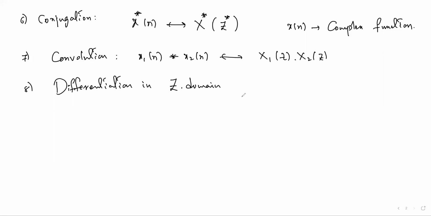Here, if x of n is multiplied with some n, then the Z transform will be minus Z into d by dz of x of z. Differentiation and minus z is multiplied. In time domain, just n multiplied. So differentiation is there in Z domain.